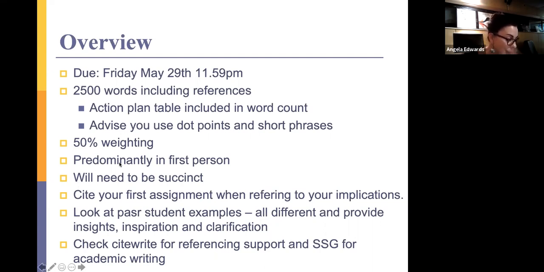So we've got 3 examples of past student work. They're all different and they're there to provide insight, inspiration and some clarification. Looking at some of them, I think the first one, that first section is excellent, really concise.